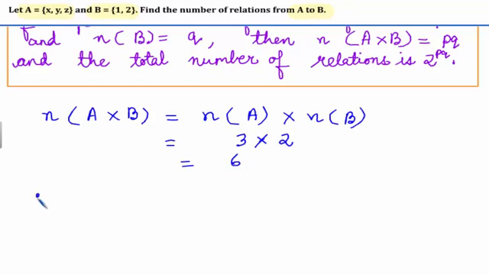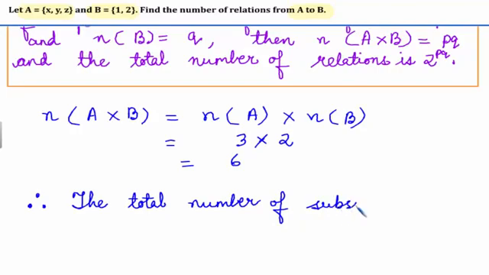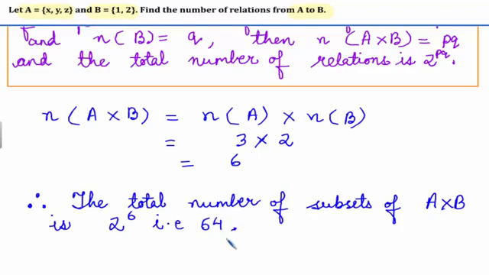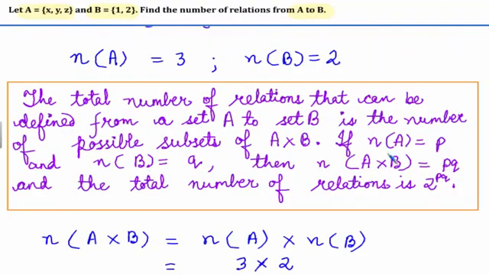Therefore, the total number of subsets of A cross B is 2 raised to the power of 6, which is 64. And this figure 64 is equal to the number of relations from A to B, as we have already discussed.